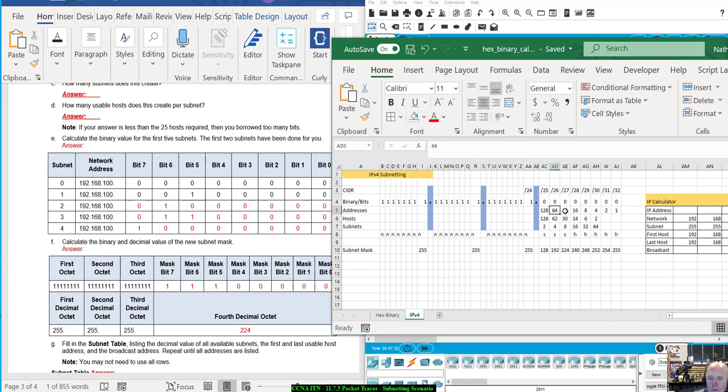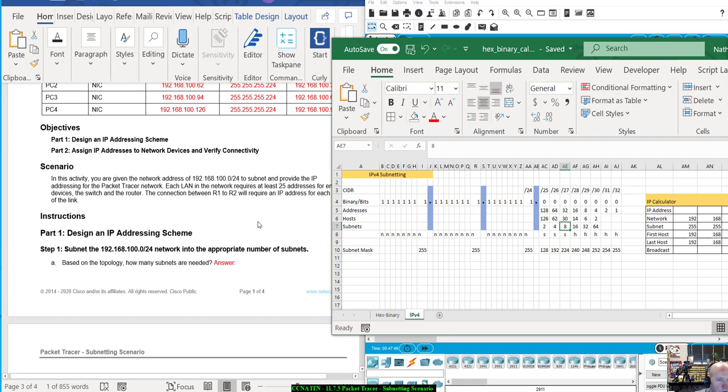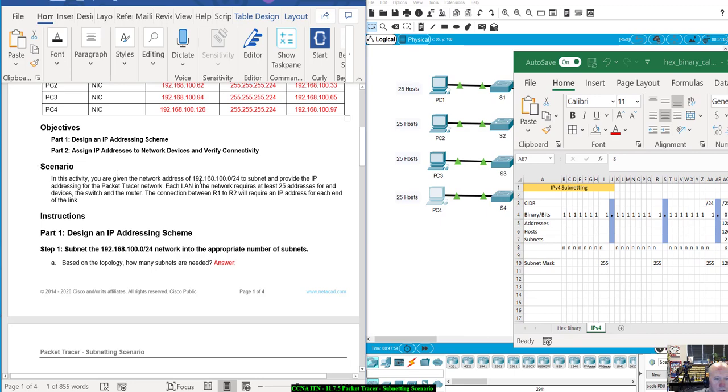They narrowed it down to a /27, which gave you 8 possible subnets. The requirements were: you're given a network address to subnet and provide the IP addresses for the network.